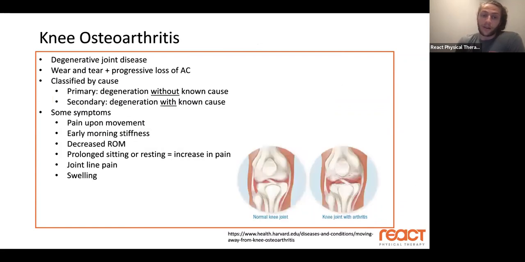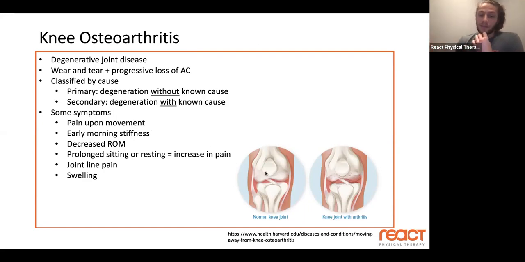We're going forward with knee osteoarthritis. It's considered a degenerative joint disease. We describe it as wear and tear because we don't have a lot of good research as to why it happens. It's named primary or secondary, meaning primary is it's just kind of happening.